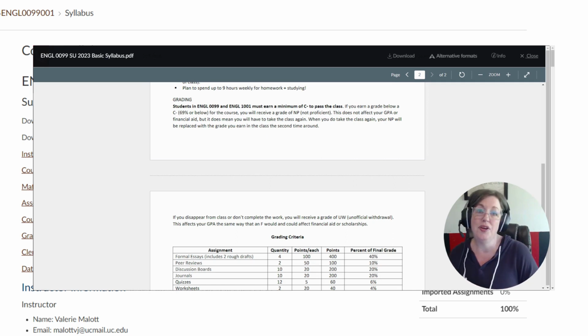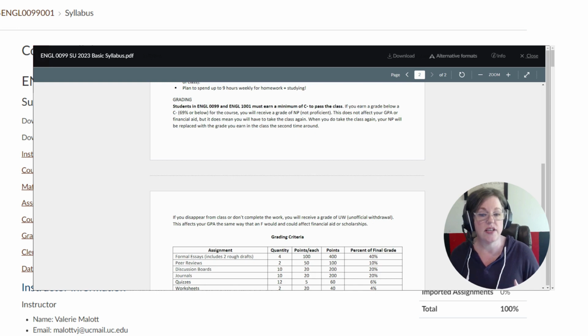However, if you disappear from class, if you stop logging into Canvas, or if you don't complete all the work, you're going to receive instead a grade of UW. So if you ghost and you don't contact me and you're not telling me what's up, you're going to receive that UW grade.